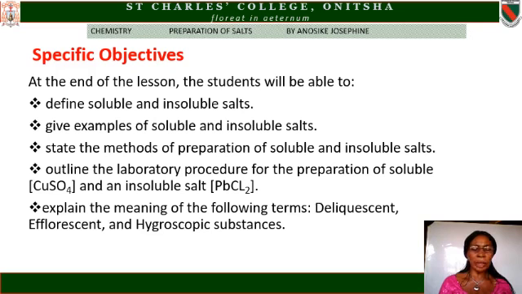Outline the laboratory procedure for the preparation of a soluble salt like copper sulfate and an insoluble salt like lead 2 chloride. And finally, explain the meaning of the following terms: the liquescent, efflorescent, and hygroscopic substances.